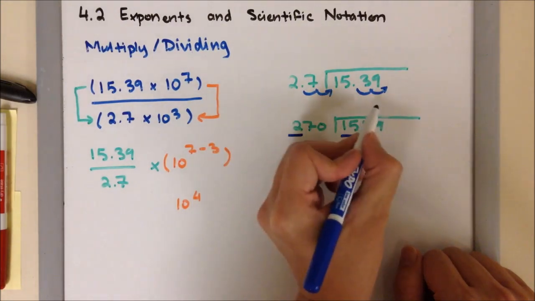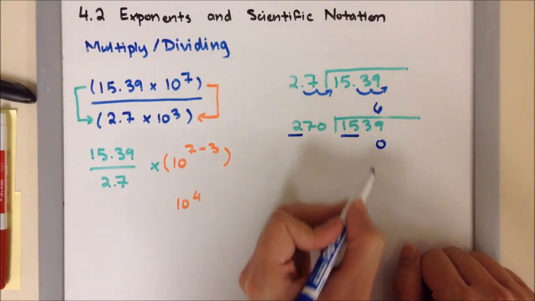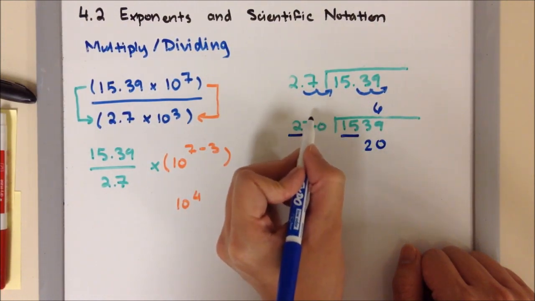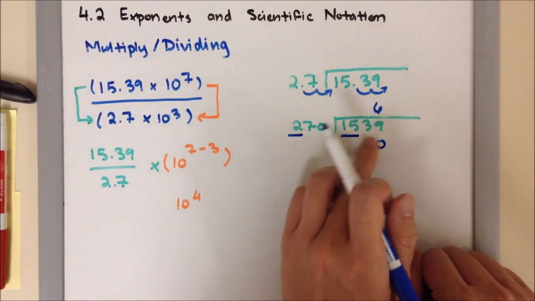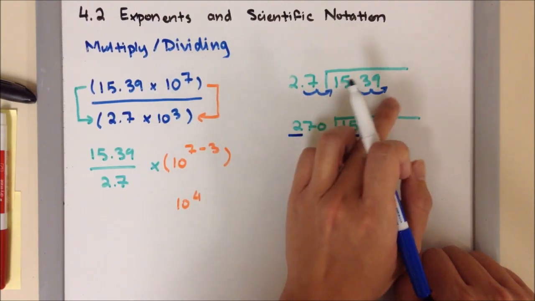So let's try with 6. So 6 times 0, 6 times 7, 42, carry the 4. So 6 times 2 is 12, plus the 4, that's 16. That's still too high, because I want a number that's below 15.